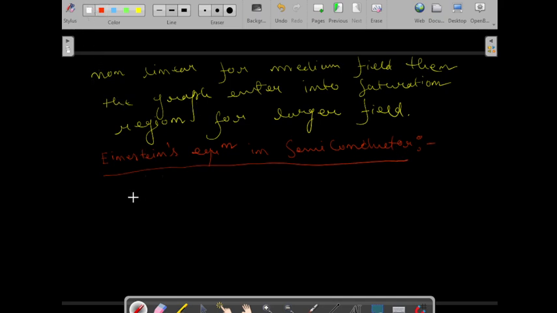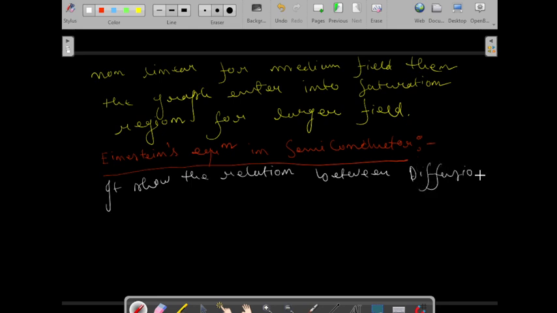It shows the relation between the diffusion constant and mobility. I will discuss the diffusion constant and the drift constant later. Okay.